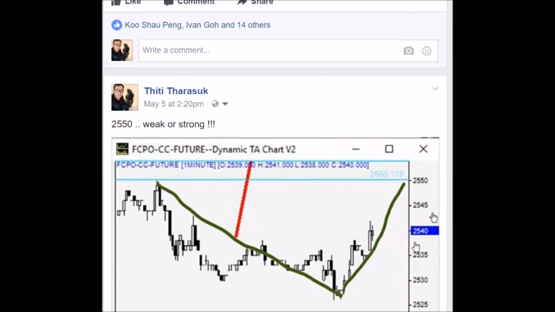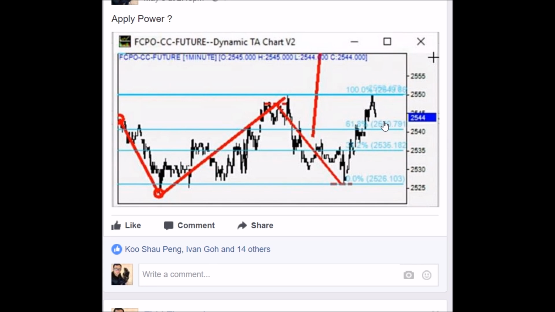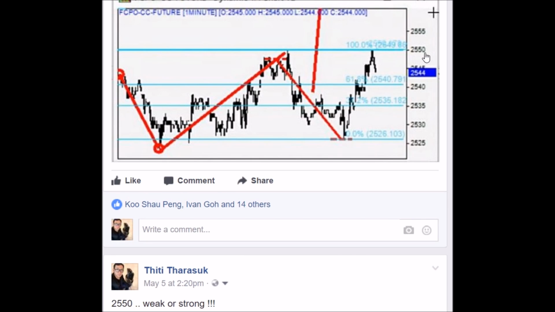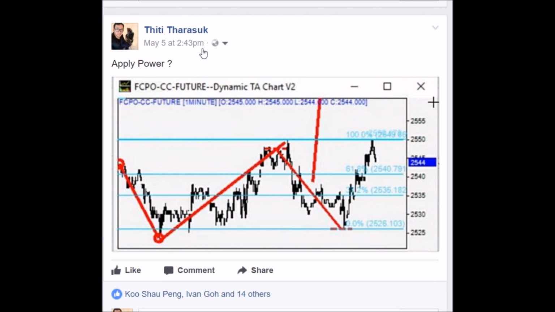After we enter, you see this price 2,540 and this price 2,544. That means they move and hit the resistance at 2,550. After that, it retreats. In this retreat, if you understand price and understand the ARTT Interactive model, you will understand about power.